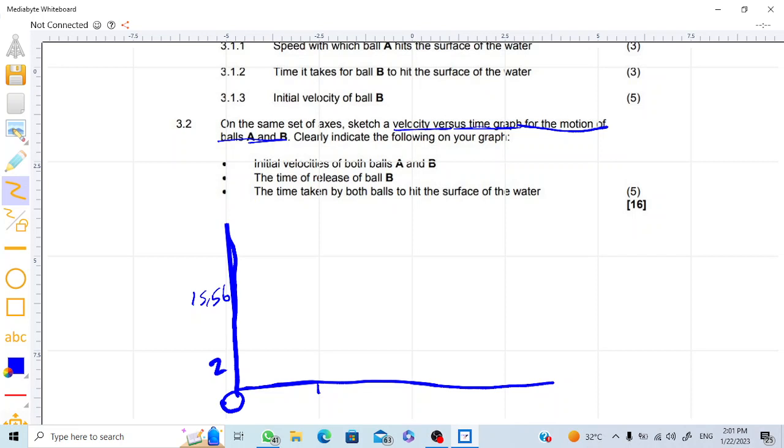And then the time it takes for both balls to hit the surface of the water, somewhere there, maybe 2,83. Then 1 second later, ball B was released here, something like that. Now this is the time it takes for both balls to hit the surface of the water.